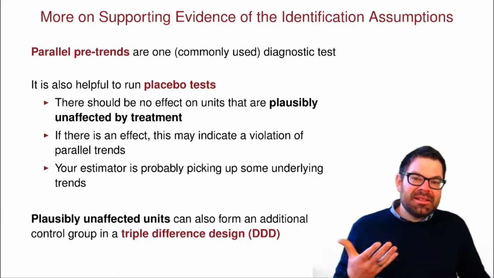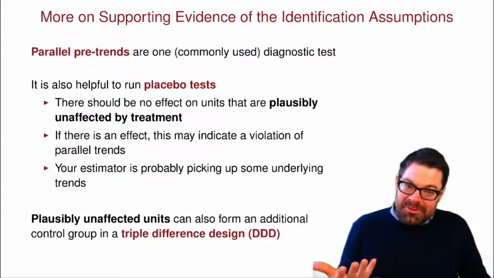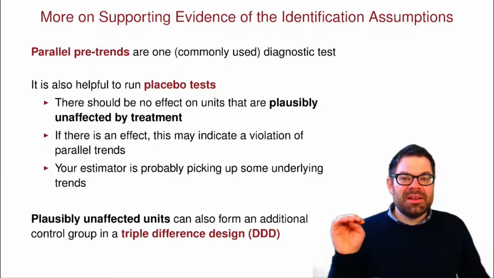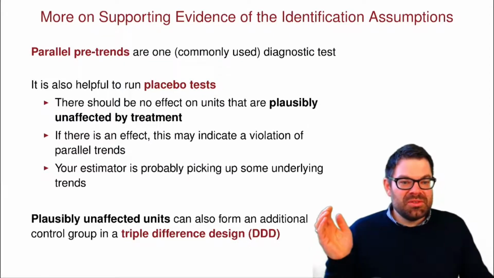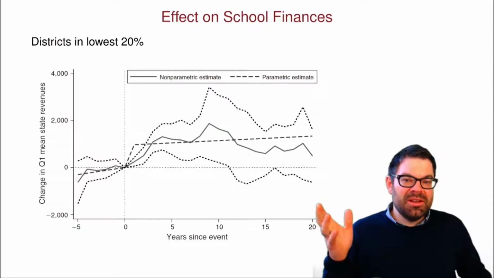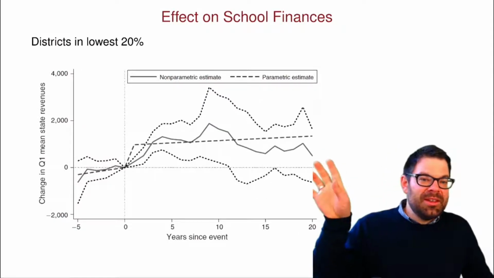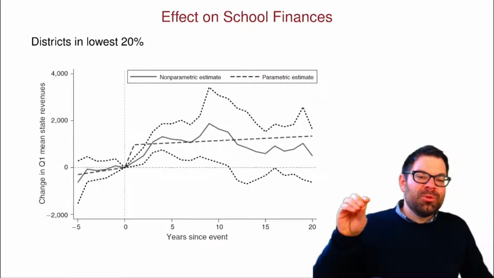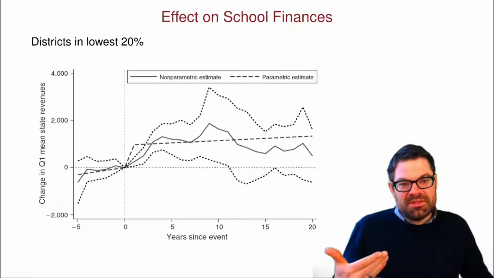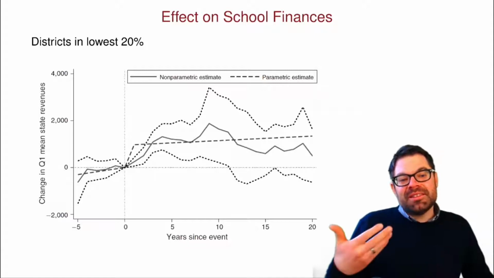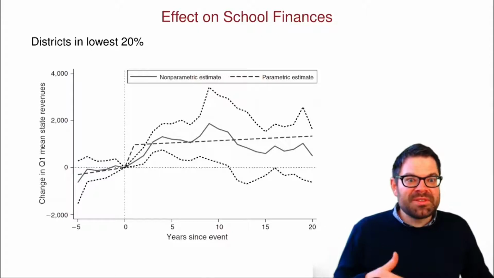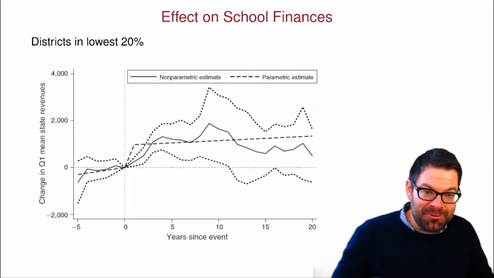And so in different designs, the commonly used diagnostic tests are parallel pre-trends, right? So you've seen this here in this picture or here, where you have no significant difference before, and from that the authors use that as a justification to say, well, then it's plausible to assume that these trends would have also moved the same way without the treatment afterwards.